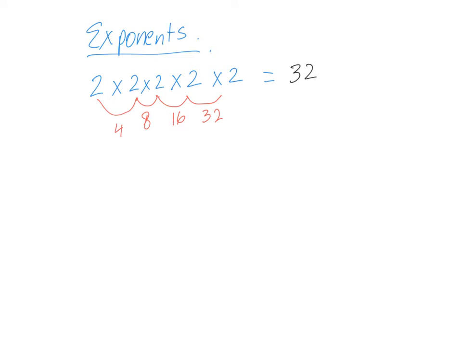Now let's say right now I'm multiplying 2 by itself 5 times, right? 2 is multiplied by itself five times. What if we had to do this 100 times? Would I be able to write that?